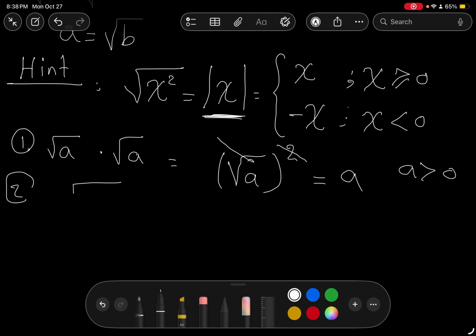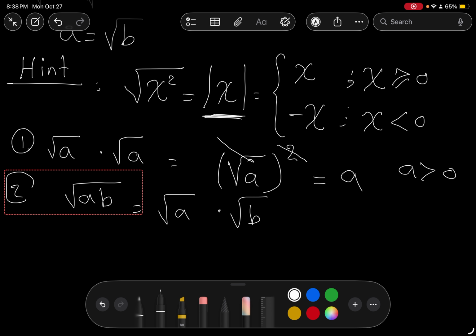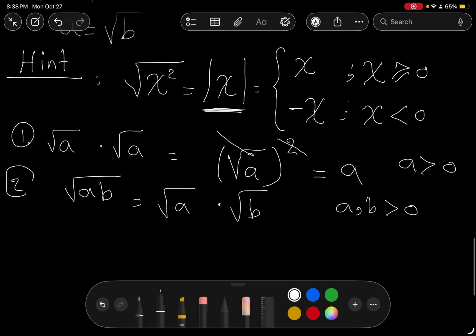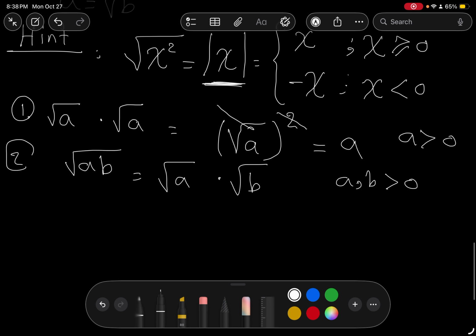Second, the radical of ab equals the radical of a times the radical of b, where a and b are bigger than 0.